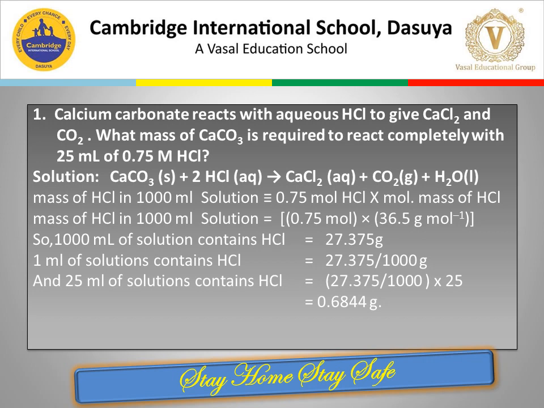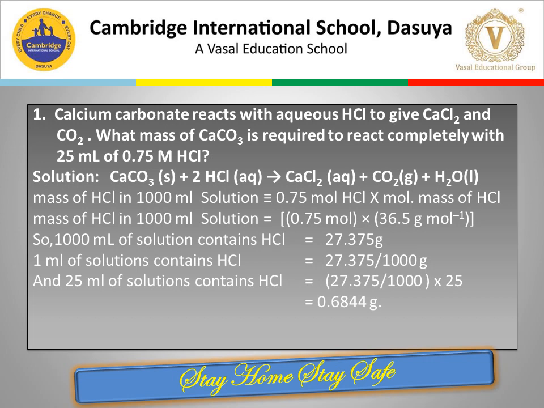Here we have 1 mole of calcium carbonate reacting with 2 moles of HCl. Since the solution is 0.75 molar, the mass of HCl in 1000 ml of solution will be equivalent to 0.75 mole multiplied by the molar mass.